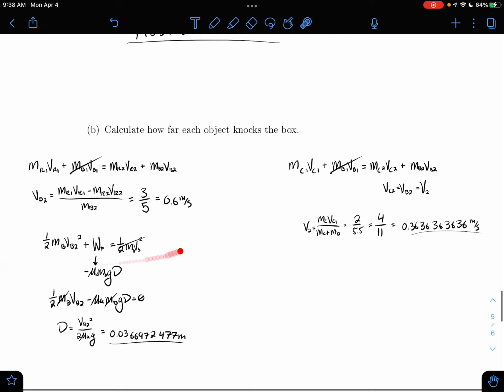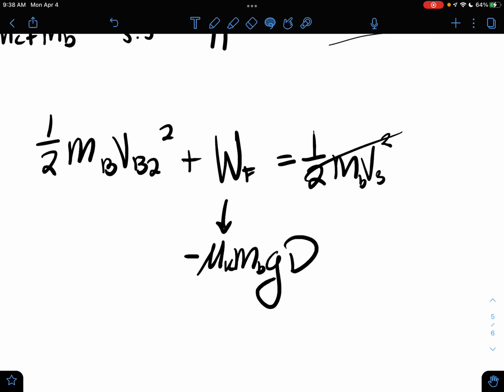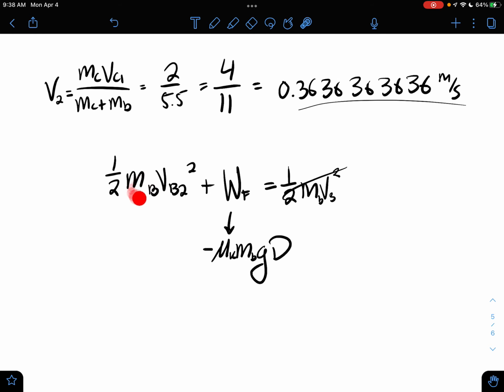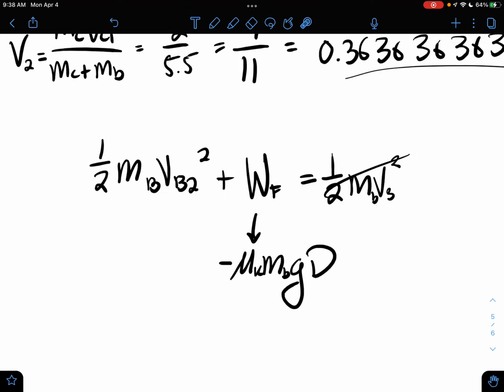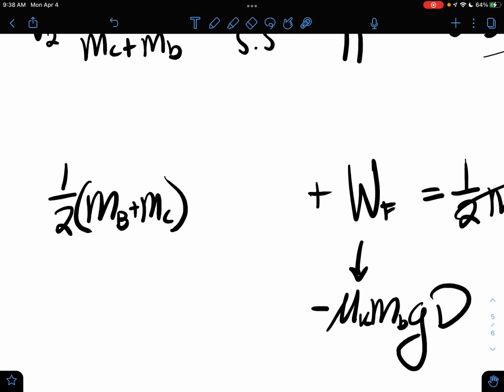So now we have to do our work-energy, the same thing we were doing before. But now, instead of just m_B here, the thing moving at this velocity is both m_B plus m_C. The box and the clay are both moving at that velocity, so they both have that kinetic energy, v_2 squared.